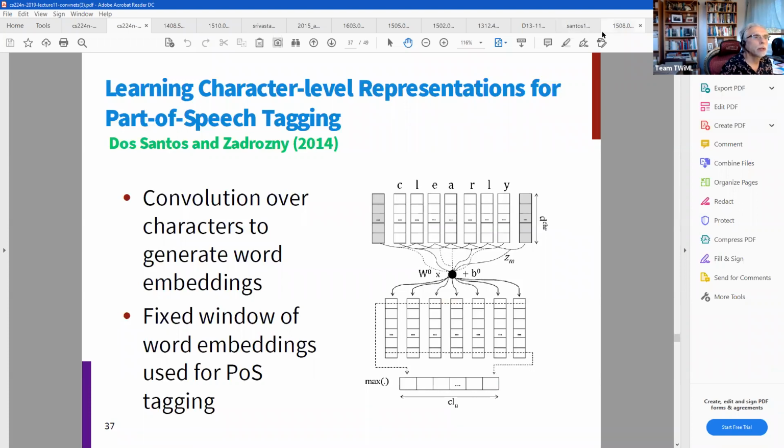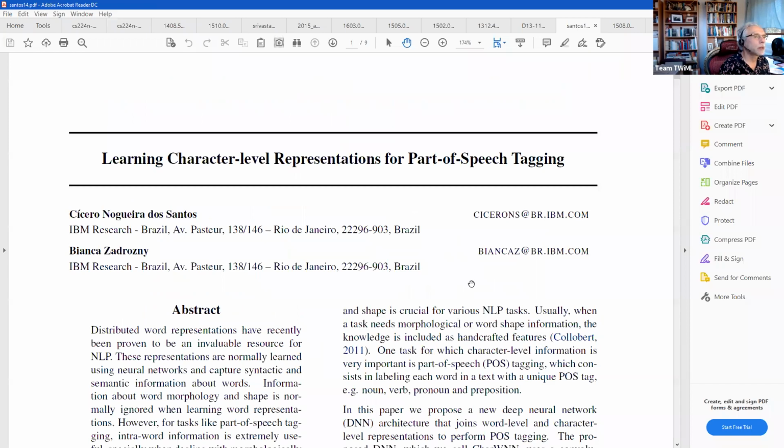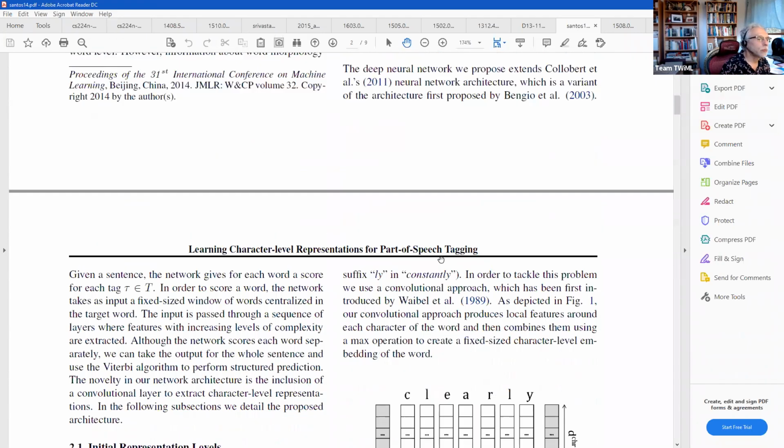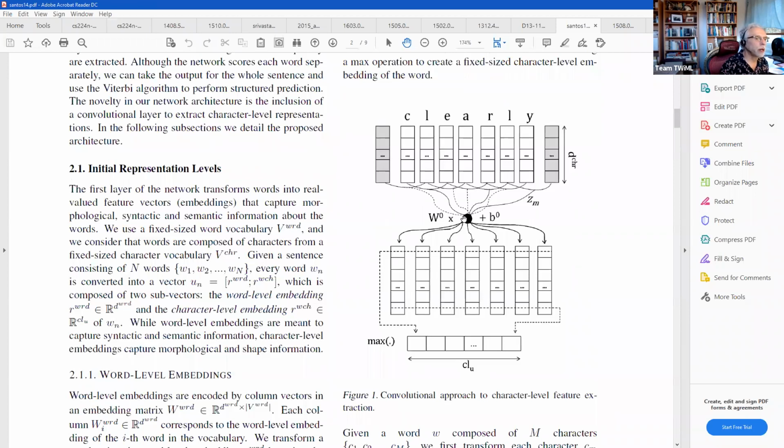So now let's look at this Santos paper in a little more detail. This is that paper we were just looking at, and this is that diagram. He's basically chopping out the main ideas of each paper and throwing them in front of you. Almost every slide has a new paper with a new main idea on it.